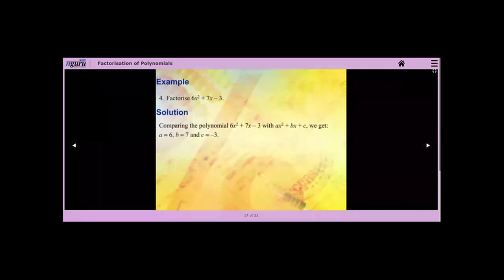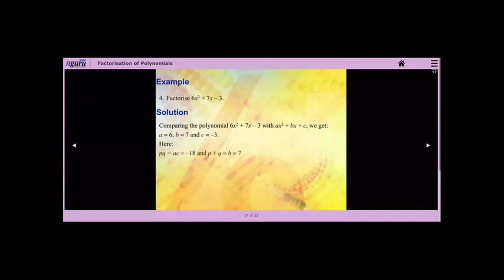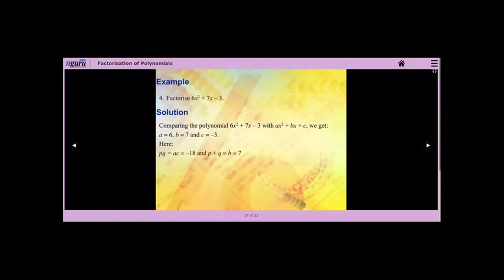So what's your answer? Ma'am, 2x minus 3 and 3x minus 1. 6x squared plus 7x minus 3. Comparing the given polynomial with ax squared plus bx plus c, we get a equal to 6, b equal to 7, and c equal to minus 3. We need to find two real numbers p and q such that p into q is equal to minus 18 and p plus q is equal to 7.